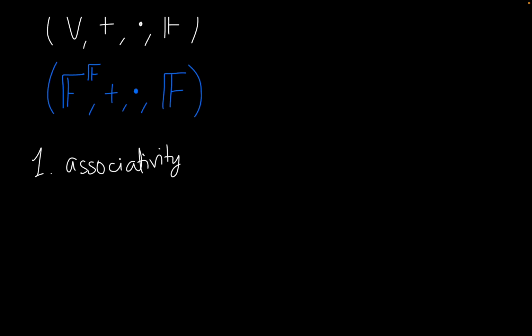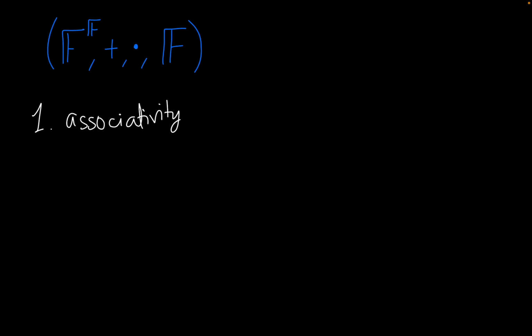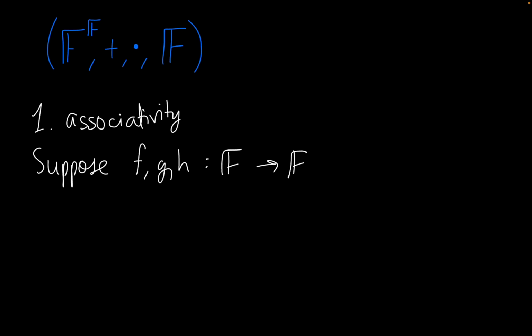So our goal is to show that (f plus g) plus h is equal to f added to (g plus h) for all f, g, h, where f, g, h are functions from F to F. And now that we already have a definition of addition, we can use that in this problem. So let's suppose, to work towards the goal, that f, g, h are three functions from F to F. Or you can even write this alternatively as f, g, h are functions from F to F, but I prefer writing the set membership notation.